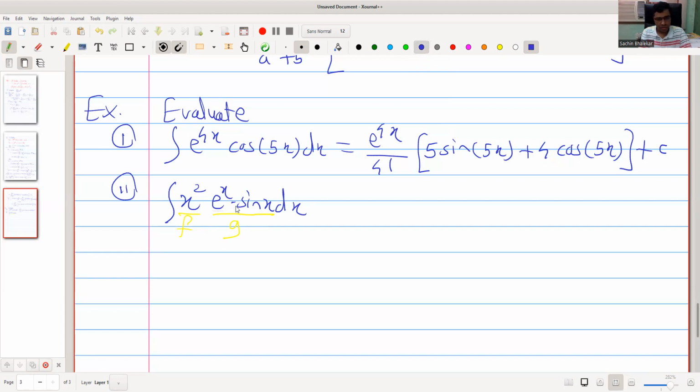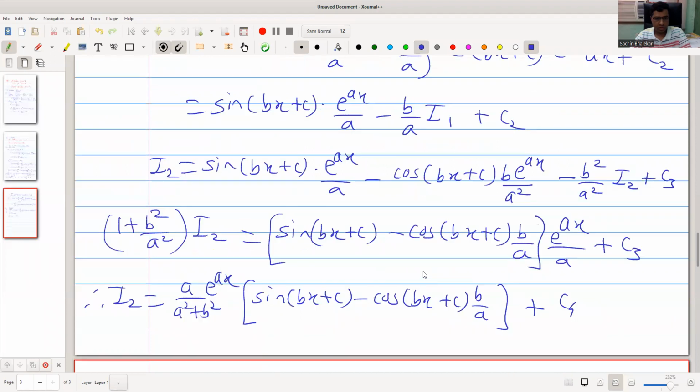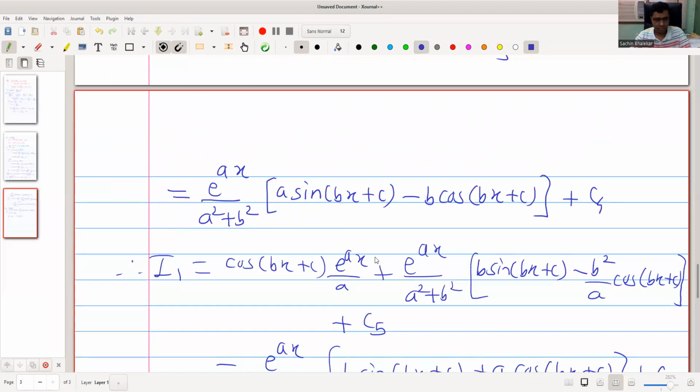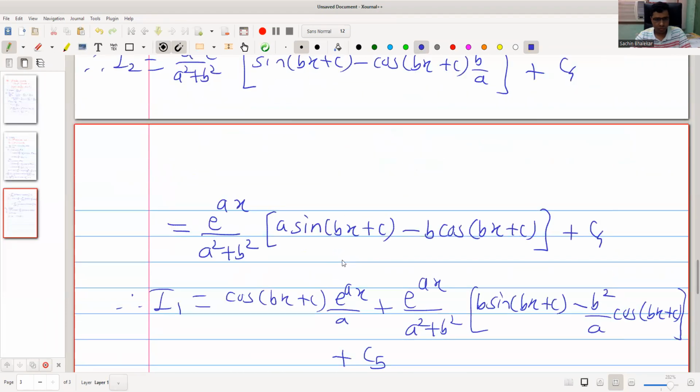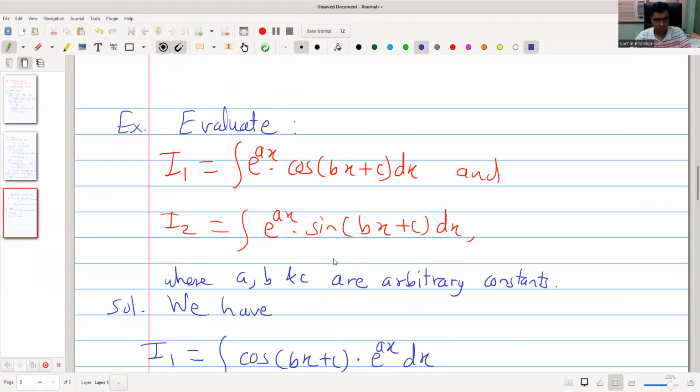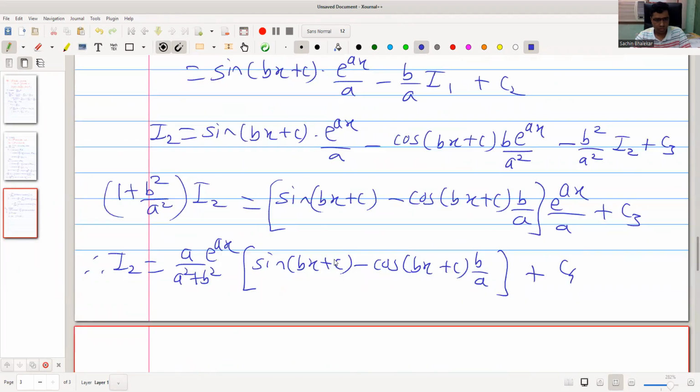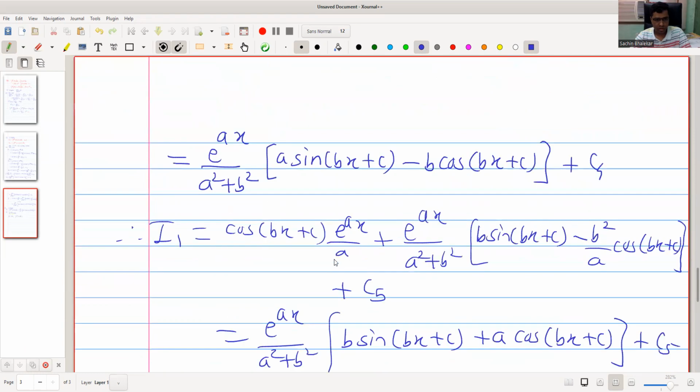So first we evaluate this thing. We have the integral of e raised to x into sin x. We use this formula, and this is our answer.